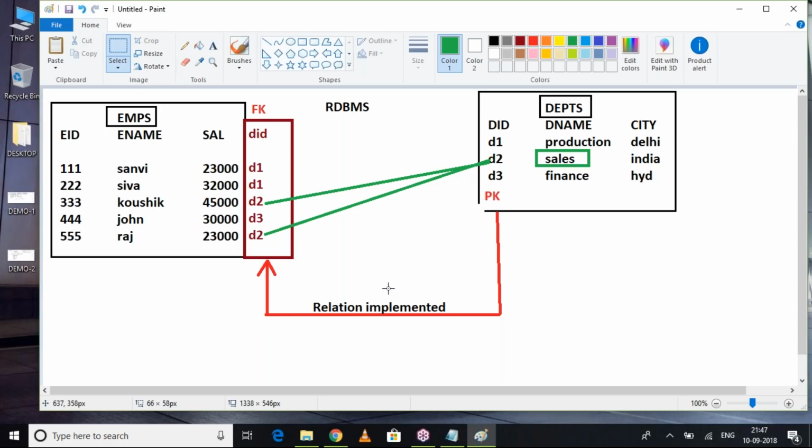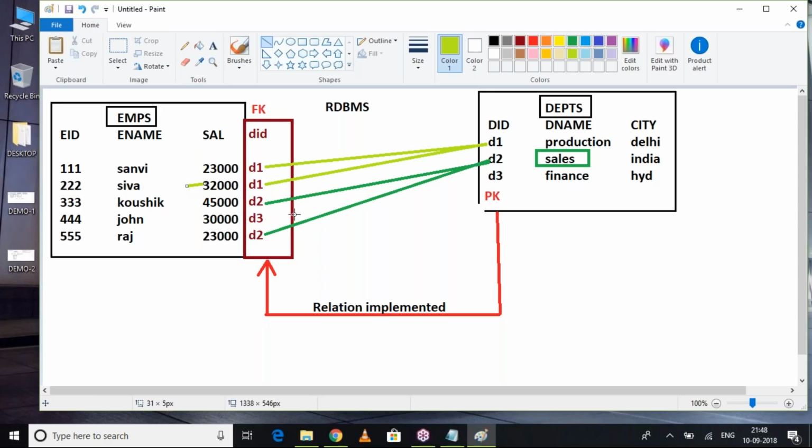Understand all of you? Okay. What is the highest salary under Production? Under Production, how many employees are there? 2 employees. From these 2 employees, who is getting the highest salary? 32,000.